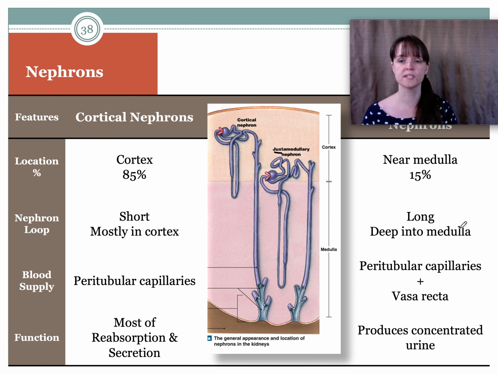They are 15%. The nephron loops are long and they go deep into the medulla. The blood supply is paratubular capillaries for the part in the cortex and the vasa recta in the medulla. And they produce a more concentrated urine, and we will discuss in great detail exactly how.